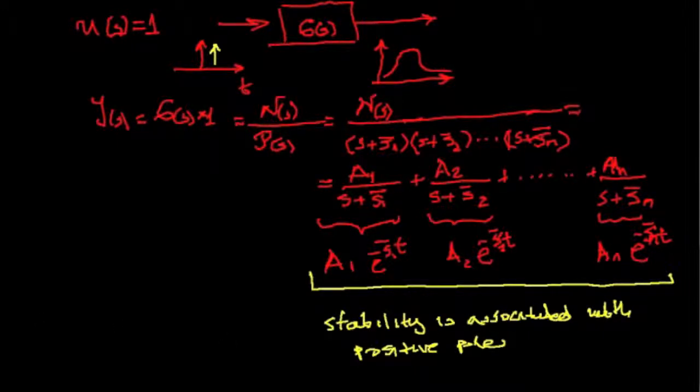So if the poles are placed in the coordinate system where this is the real axis and this is the imaginary, anywhere in the right half plane, those are unstable poles.